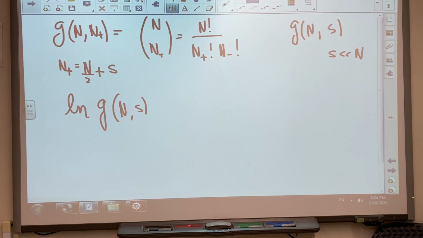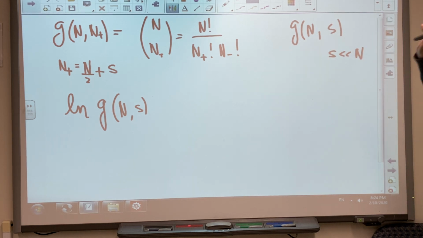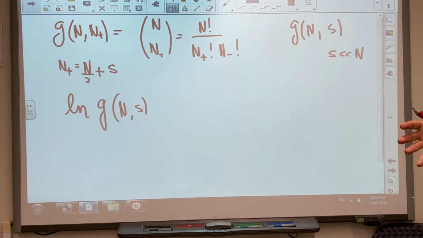Why do I use the logarithm? First of all, there is no harm. It will allow me to do the mathematics easily. At the end, I exponentiate what I get and I go back. But as I told you, logarithms will be very useful because, and this will be next class, when we start considering what happens when you have two systems in contact that can exchange energy, we will know how many states this system has and how many states this system has, and we will need to know how many states the total system has.